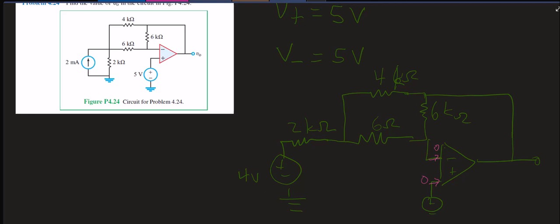The current comes here and breaks up and goes here and here, but no current goes into the op amp. So all of the current that goes through the 6 kiloohm also goes through the other 6 kiloohm resistor, because none goes into the op amp.